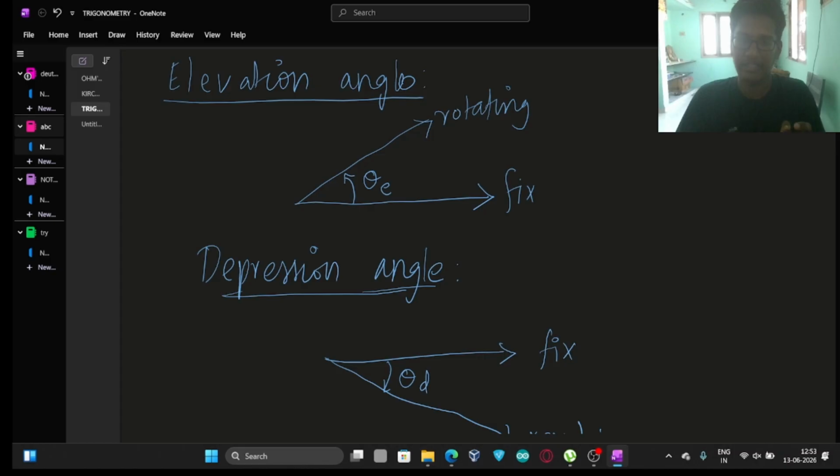The depression angle ranges from 180 degree to 360 degree. So whenever the situation has the revolving ray below the fixed ray, it comes under depression angle.